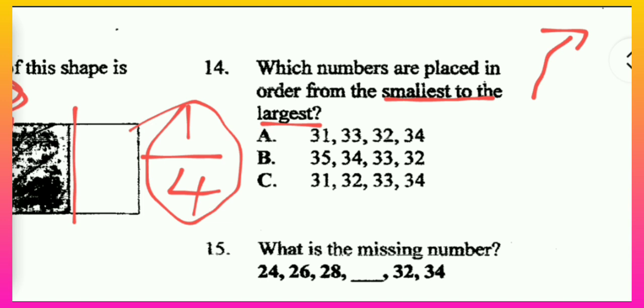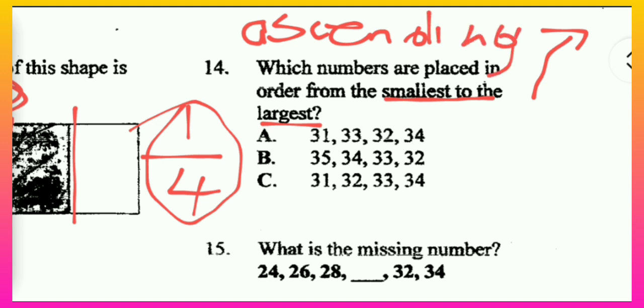Some might say ascending order. If you see ascending order, it means the same. A-S-C-E-N-D-I-N-G, ascending. It means the same as from the smallest to the largest.